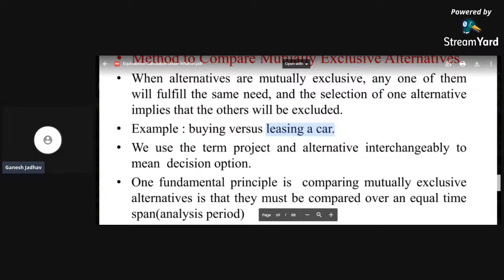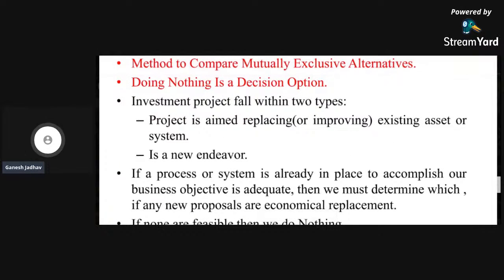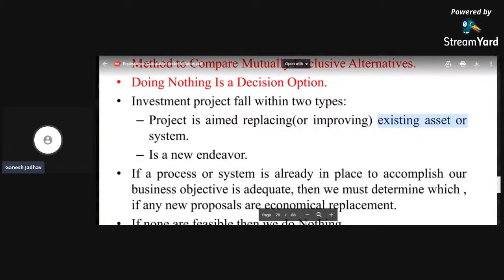Another one is that doing nothing is also a decision option. This is part of the mutually exclusive alternatives. Another one is the investment project. The project is aimed at replacing or improving an existing asset or system.